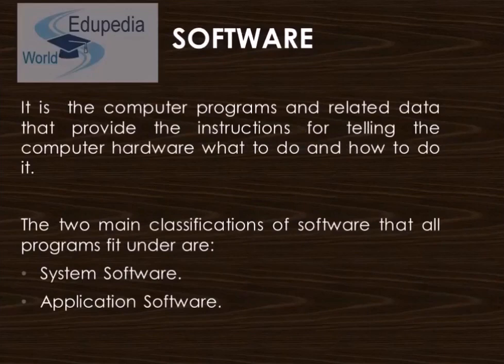So now comes the other computer fundamental named software. It is the computer programs and related data that provide the instructions for telling the computer hardware what to do and how to do it. The two main classifications of software are system software and application software.